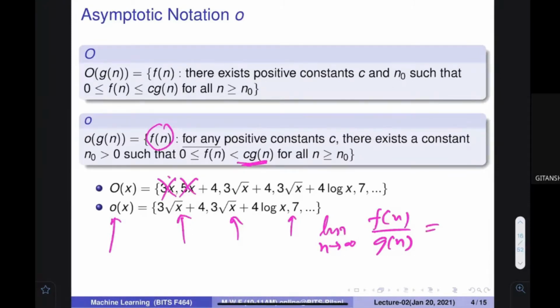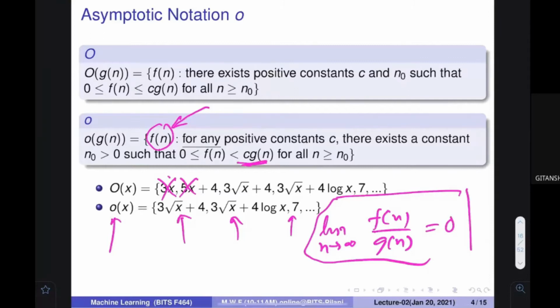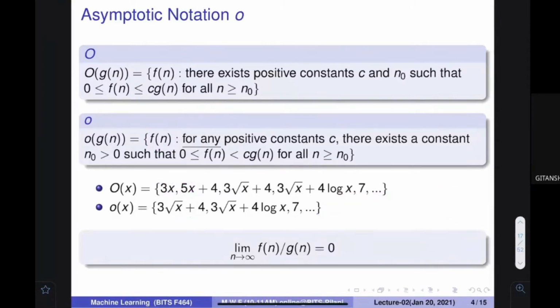Because the inner function is actually a smaller function, what is the value going to be? It is going to be 0. So the limit as n tends to infinity is 0. If you want to show that fn is equal to small o of gn, you can put it into this formula, find the limit, and the limit would be 0.